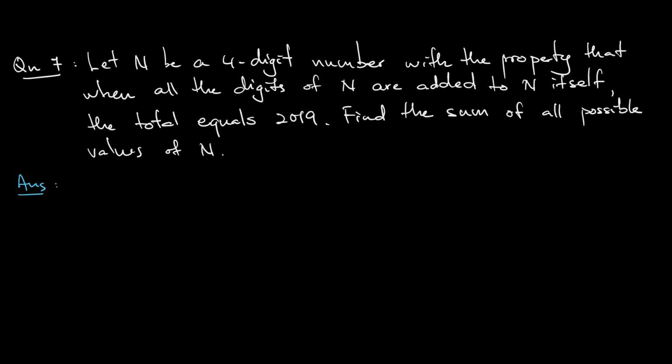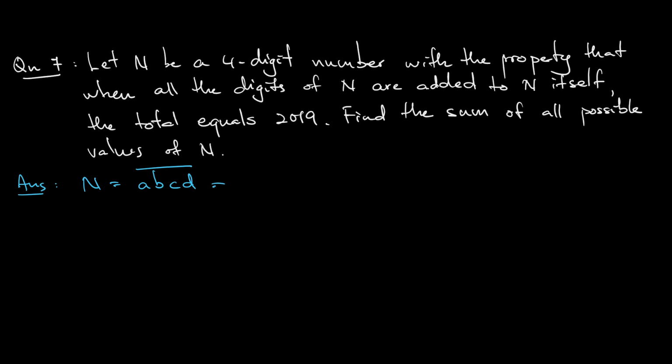So let's say that n is given as a 4-digit number, alright? So let's say n is equal to ABCD in decimal representation. So follow the question. They say that the number n has the property that when all the digits of n are added to the number n itself, the sum is 2019, right?